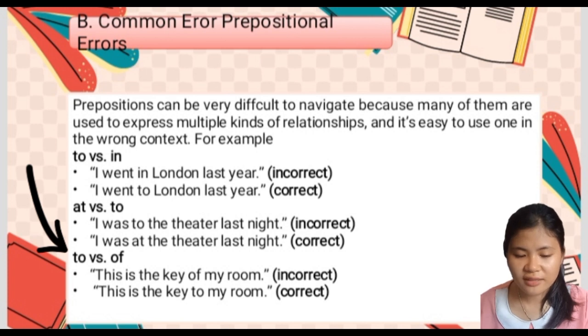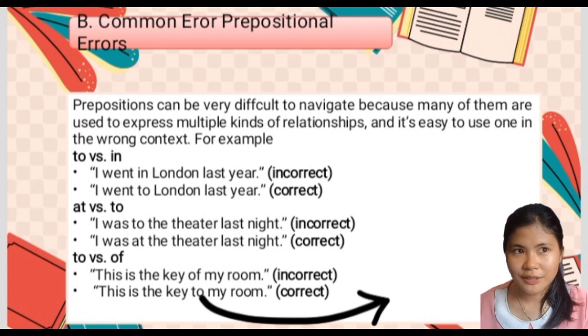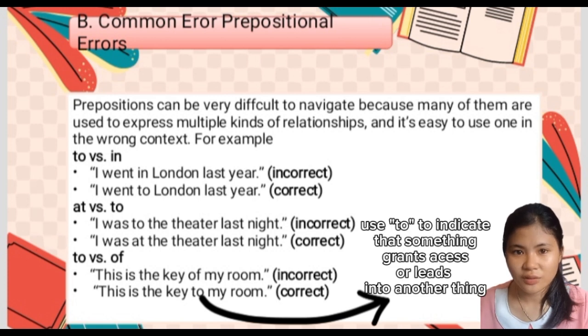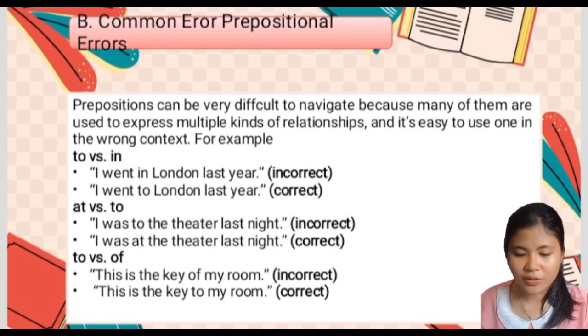The preposition used in the sentence is of. While the second sentence, this is the key to my room. To in the sentence describes access to something. So the correct one is sentence number 2.